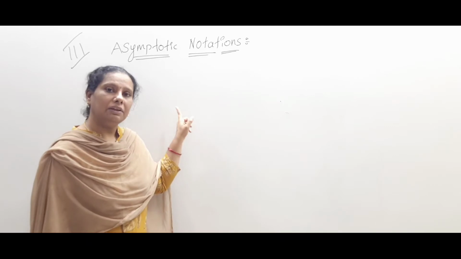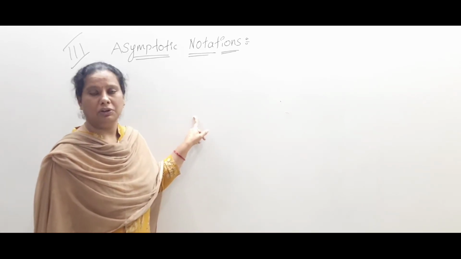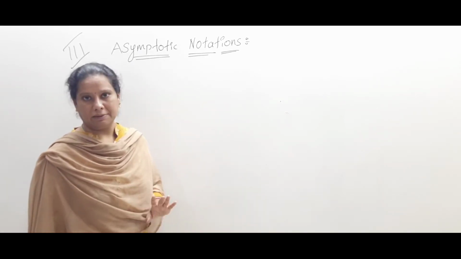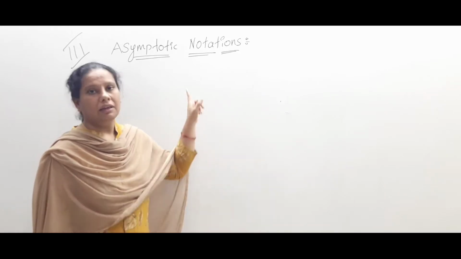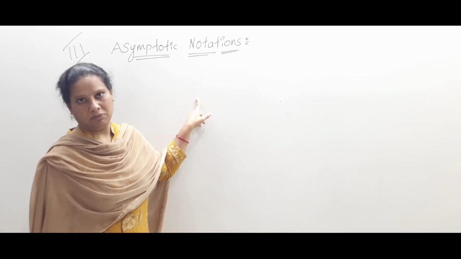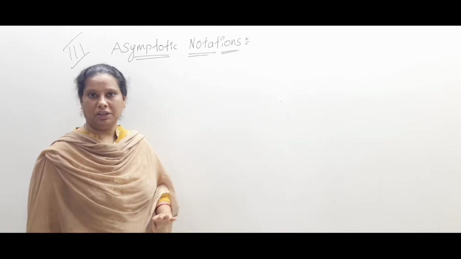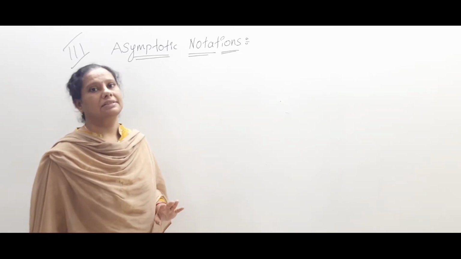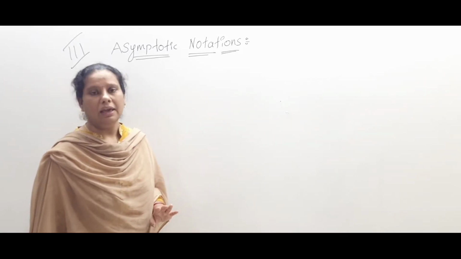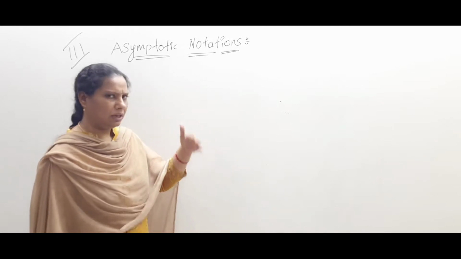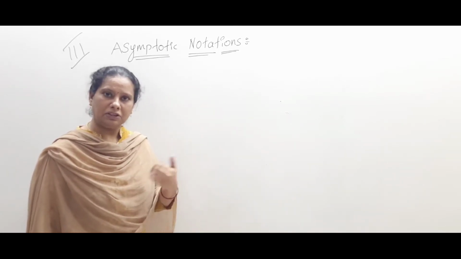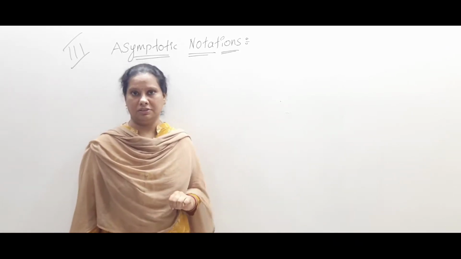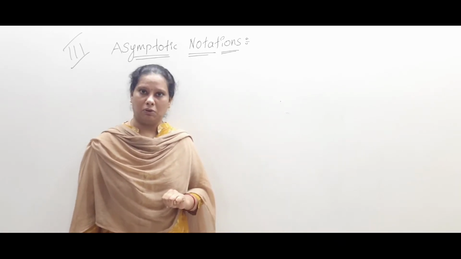This is a very important topic for you in the external examination. Among these three, this one is the most important one. Directly he'll ask the question, explain what are the asymptotic notations. Now we have so many notations, but majorly we use three notations to represent the time complexity.